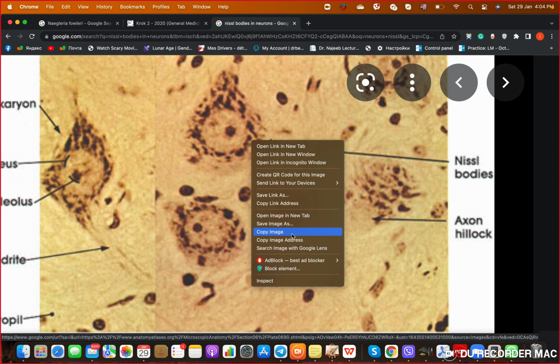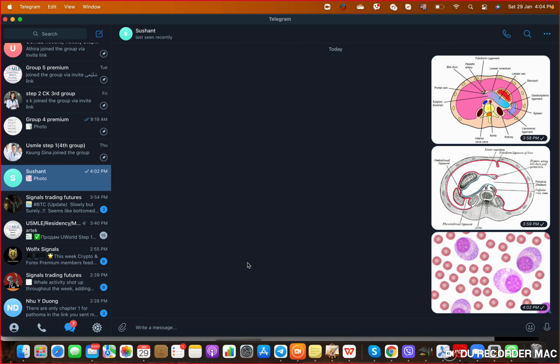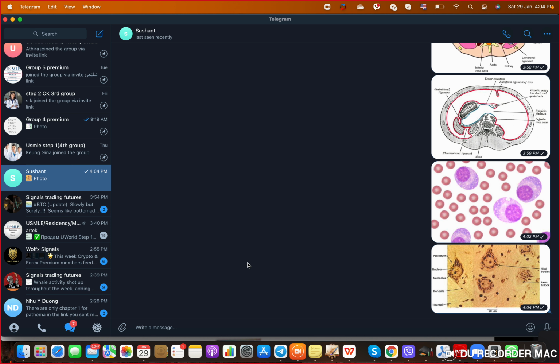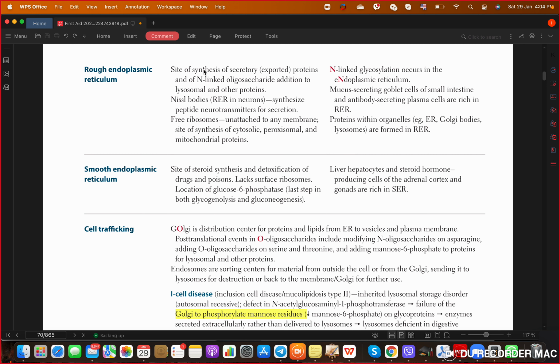What is the function of it in the neuron? It's the same as the rough ER, Doc. Nissl body, same as. Yeah, so basically it helps us to make neurotransmitters, yeah? Okay. So it's synthesis of secretory or exported proteins that go outside of the cell, and N-linked oligosaccharide addition to lysosomal and other proteins.